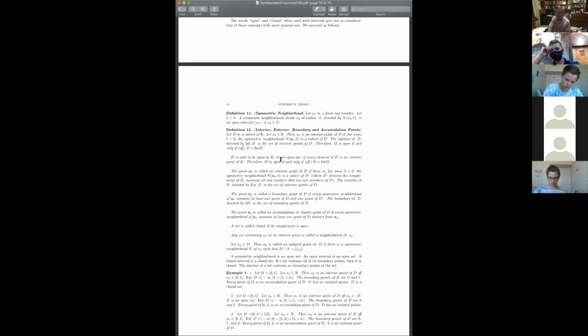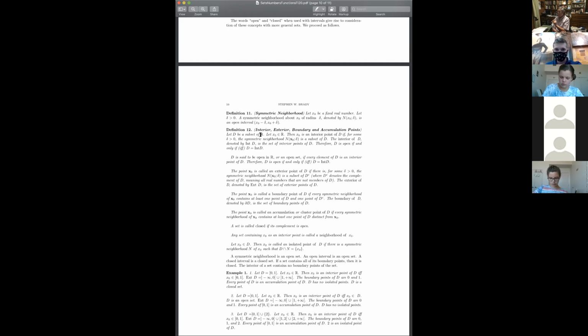A set is said to be open if every element of the set is interior. Now think about the interval from 0 to 1, called the open interval, but think about 0 and 1 not including 0 and 1. Like a half is an interior point. Why is a half an interior point? Because I can surround a half with a neighborhood that's totally inside 0, 1.